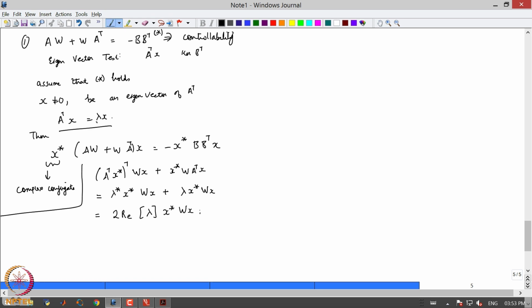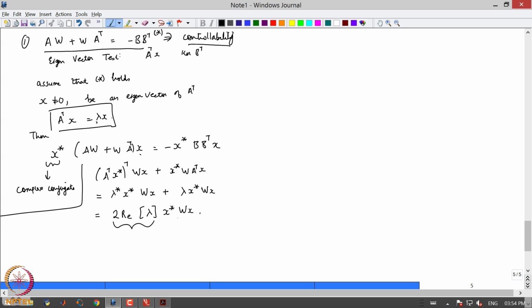Again, let us see where we started. We started with assuming that this is true, in such a way that W is positive definite, and then we were to show that it actually means controllability. Now, if this is true, I pre and post multiply by x star and x, where x is an eigenvector of A transpose associated with the eigenvalue lambda, and I end up with this expression. Now, what do I know about this? Because A is stable, this real part must be negative.